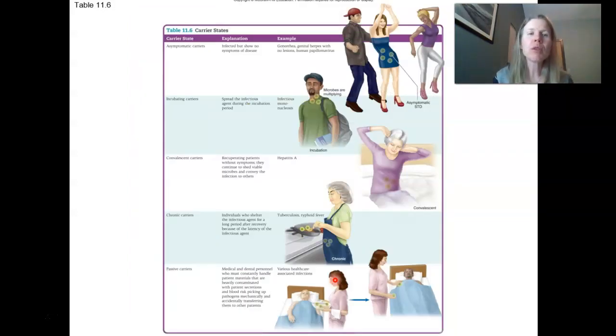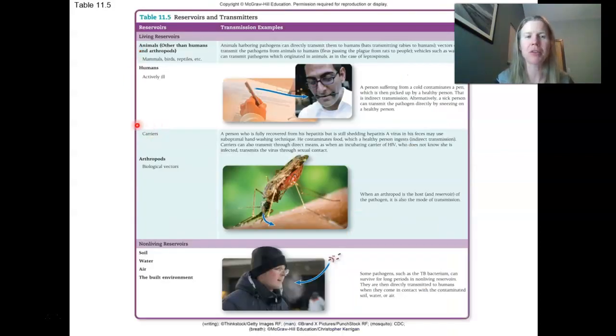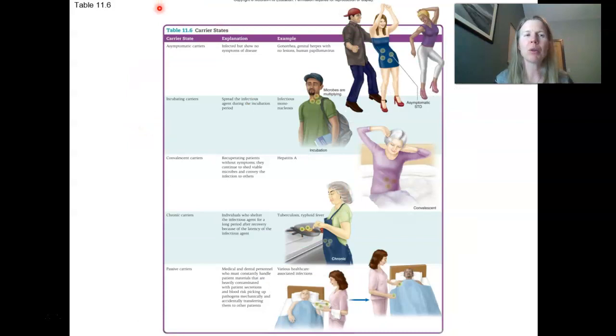Okay, so this is a whole table on carriers. We mentioned carriers right here, and now we're going to blow this up. Next, table 11.6. When we're talking about carriers, this is an individual who carries the disease without notice but is able to spread it. An asymptomatic carrier doesn't have signs and symptoms, so they don't know.